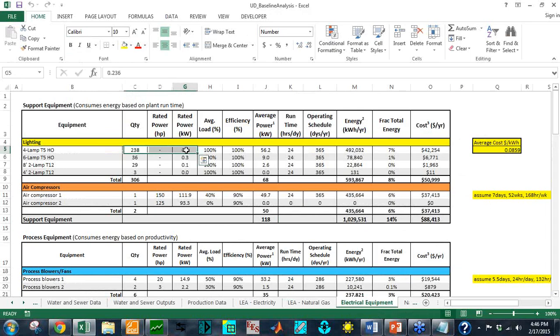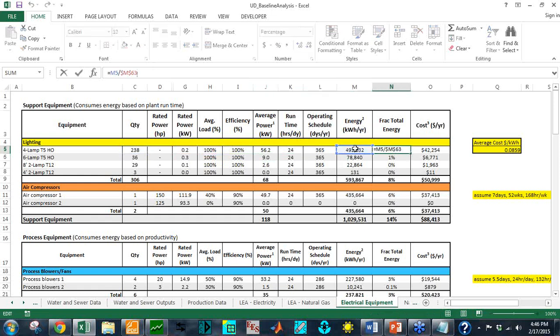So that's really all the information we need, with a few assumptions about average load and efficiency. We can get an average power draw from that piece of equipment. So that's just the quantity times the power times the load divided by the efficiency. And then we have the runtime hours, which would give us kWh per year.